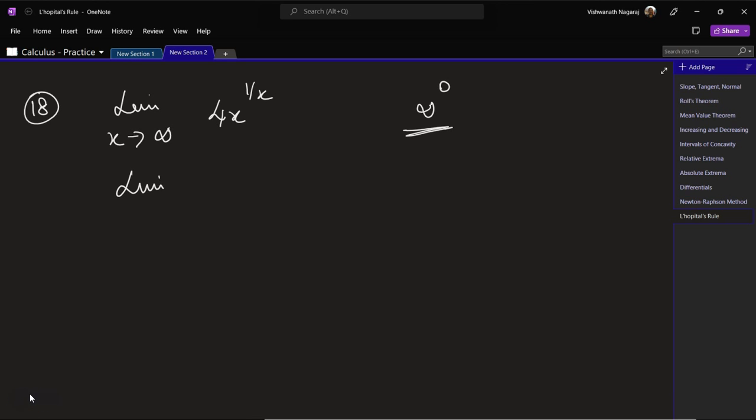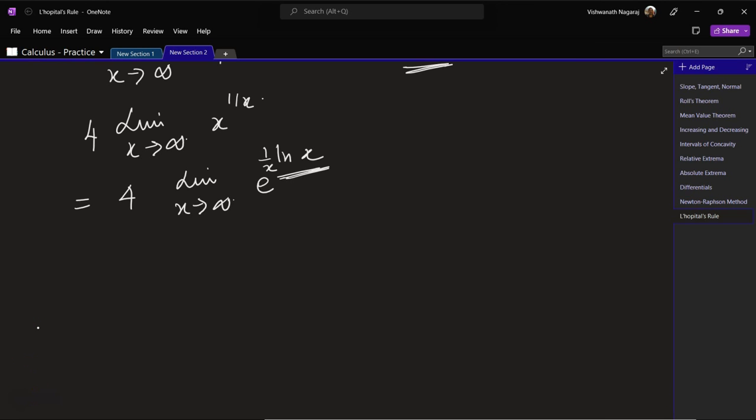So limit, 4, let's take it out, as x approaches infinity of x to the power of 1 by x can be written as limit as x approaches infinity of e to the power of natural log of x, and 1 by x we can take it down, which means we have to take the limit of this only. So limit as x approaches infinity of 1 by x natural log of x.